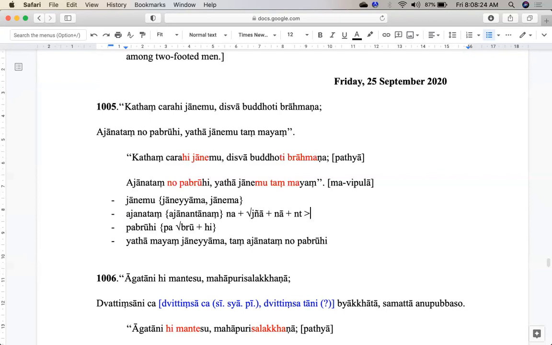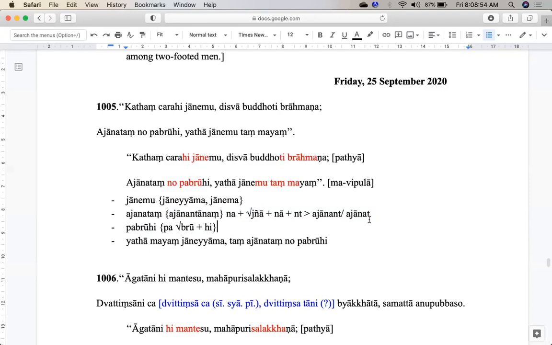So we have the stem form, na becomes the R. So ajanat, that is a weak form, a strong form. But another weak form is ajanat. From ajanat we have this form ajanandanan, but from ajanat, ajanatan.